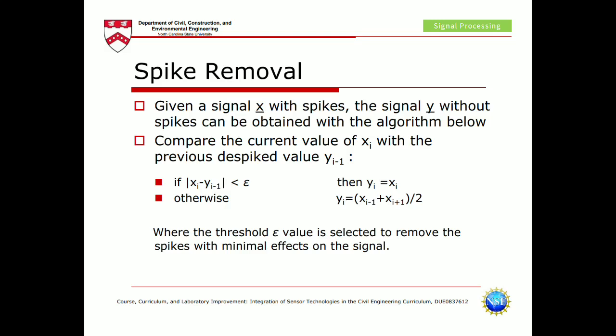If x_i minus y_(i minus 1) is less than epsilon, then y_i is equal to x_i. This is the mathematics involved in spike removal, where epsilon is a threshold value selected to remove the spikes with minimal effect on the signal.